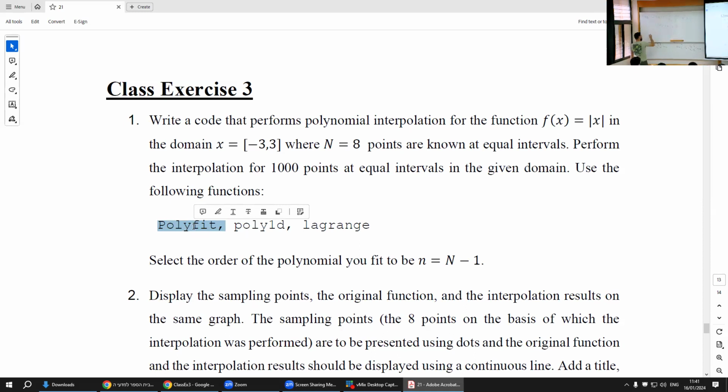You should check that in Google or something, but the fit function in NumPy is now called polynomial dot fit. I hope that I'm not wrong.